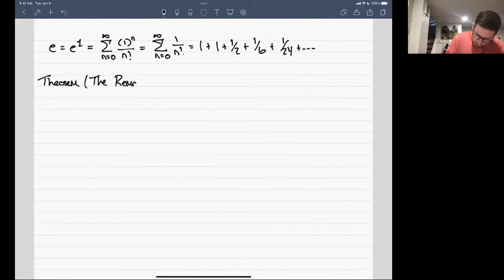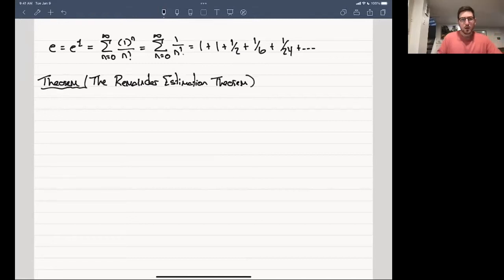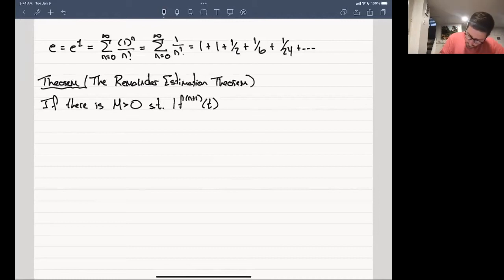So let's write this one down so we have it for our notes. The remainder estimation theorem. So let's see what it says. Let's say there is a positive constant, M greater than 0, such that the n plus first derivative is bounded by M for all t between a and x.